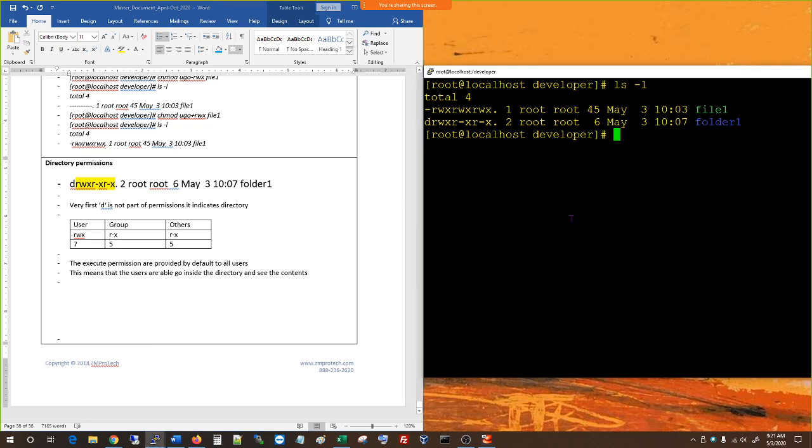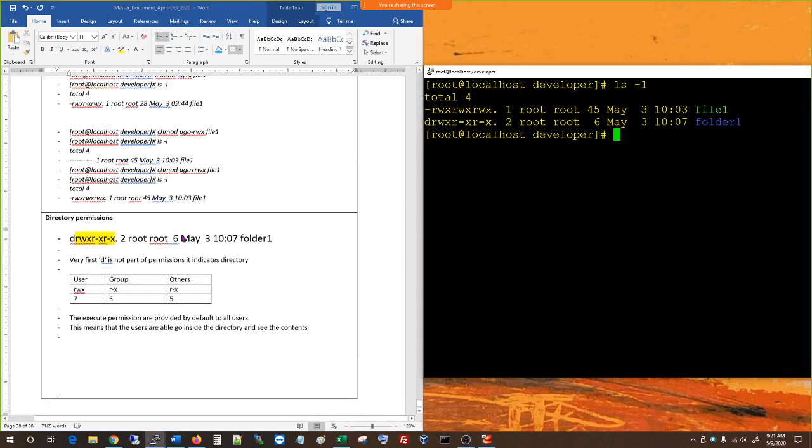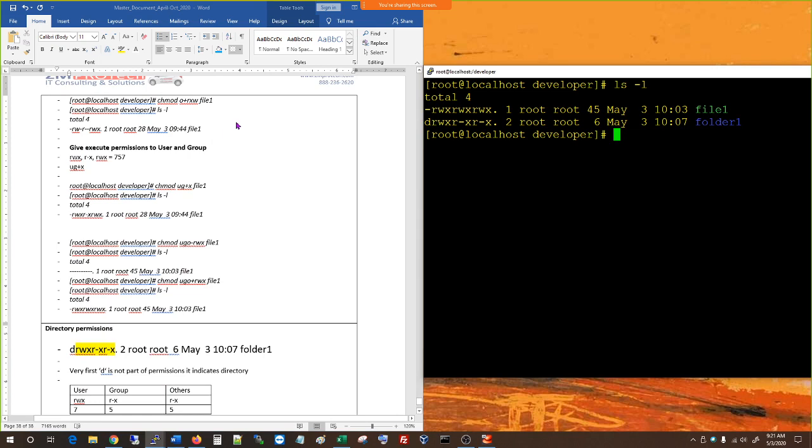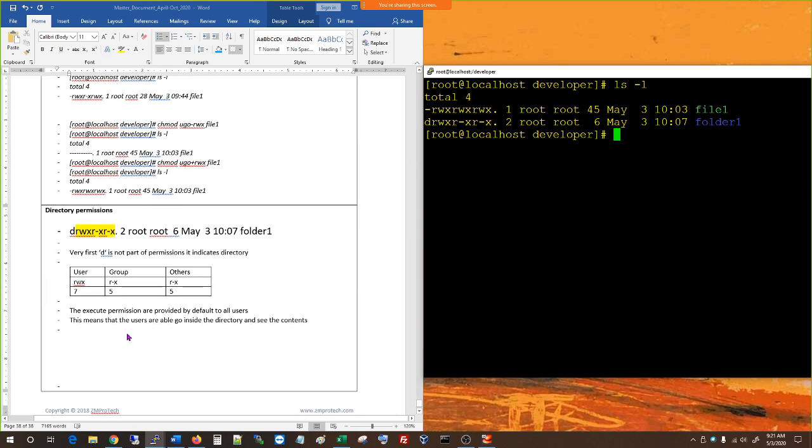How do you change the permissions here? You change the permissions the exact same way. I probably don't need to go through all that here. I'm going to make a note here.